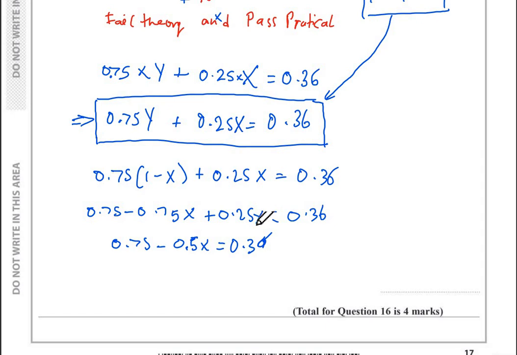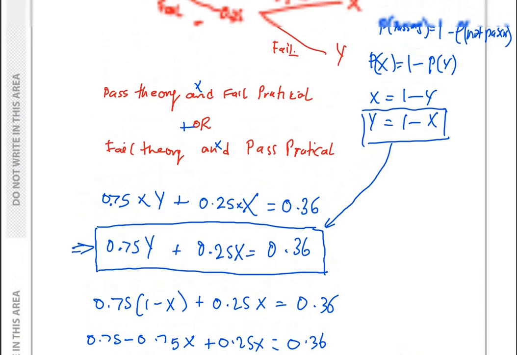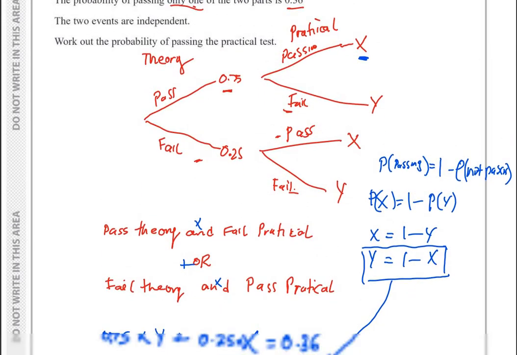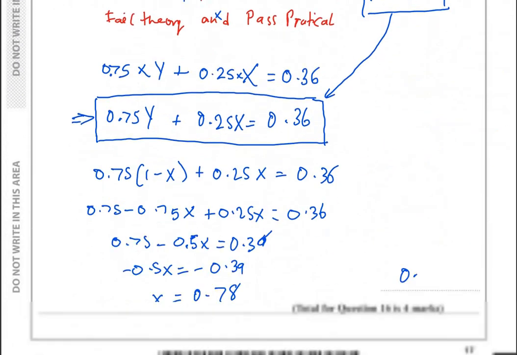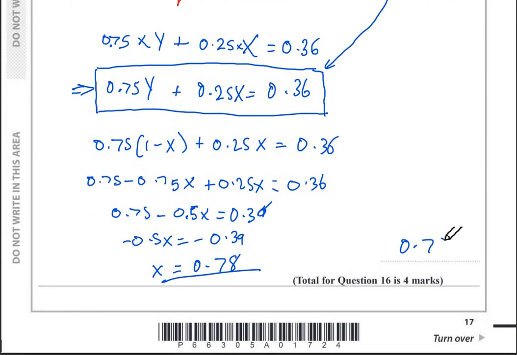That gives us minus 0.5x equals minus 0.39, and then x equals minus 0.39 divided by minus 0.5, and that gives us 0.78. Okay, so our answer, or at least the probability of passing the practical test, is x, and we just calculated x. That's 0.78. Alright, so let's move on to our next question.